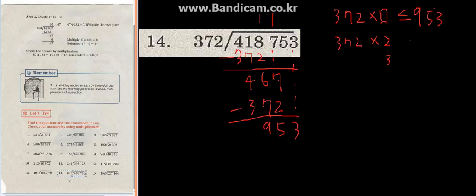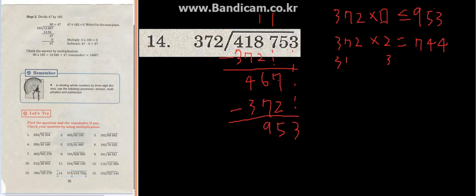So if we multiply 372 by 2, this is equal to 744.